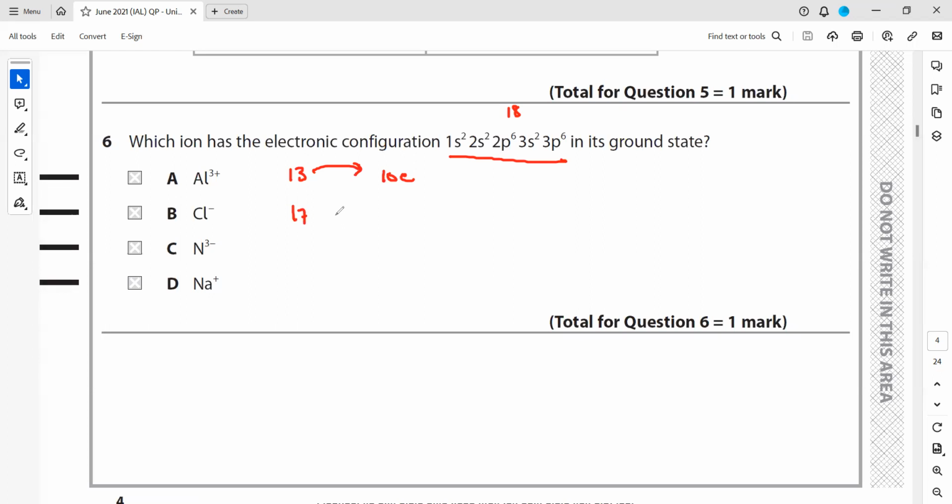Chlorine is 17. When it forms a chloride ion, it will have 18 electrons. Nitrogen has 7. When it gains 3 electrons, it will have 10 electrons. Sodium has 11. When it loses 1 electron, it will have 10. So because the configuration shows that this is a configuration for an ion which has 18 electrons, that's why B is the right answer.